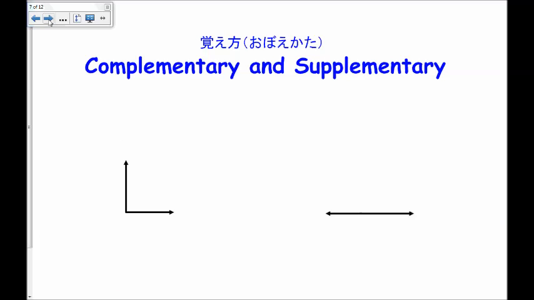Next, I want to show you a way to remember complementary and supplementary angles. When I think of complementary, I think of computers, because it starts with the comp sound. Specifically, I think about laptop computers.